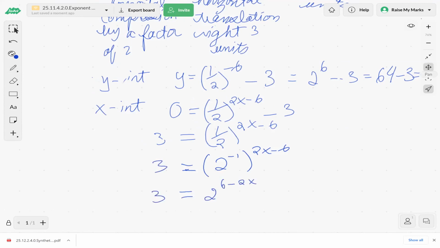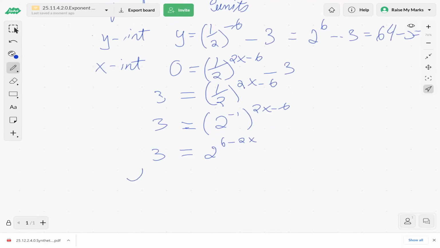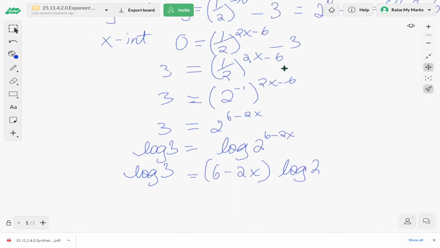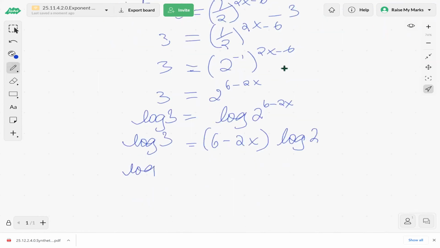Now we can take the logarithm of both sides. Using the property of logarithms, on the right-hand side we have 6 minus 2x times log 2. And now we just solve for x. Remember, log 3 and log 2 are just numbers, so we treat them as such.